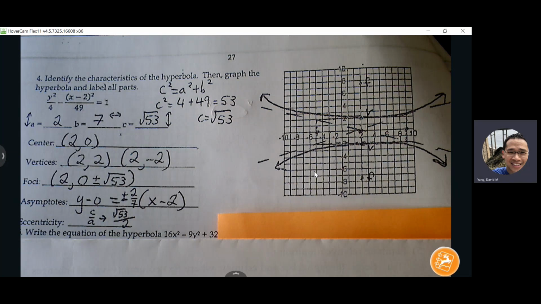Yeah, so as a reminder, transverse axis connects from vertex to vertex. So it's always going to be double the length of your a value. Okay? And then your conjugate axis will connect from co-vertex to co-vertex. And that length is always going to be double the length of your b value.